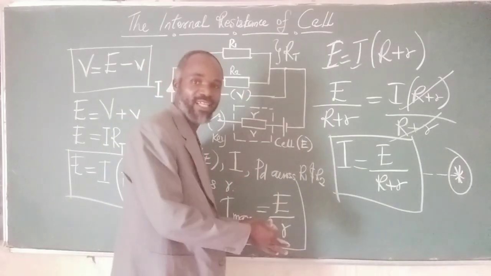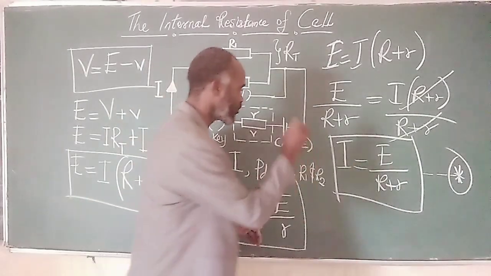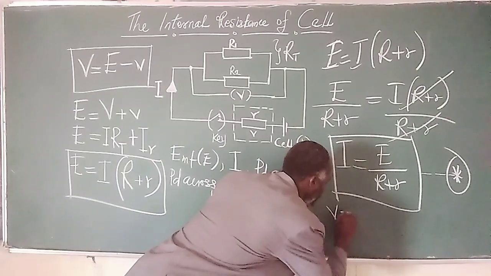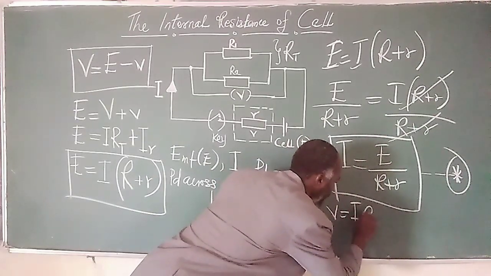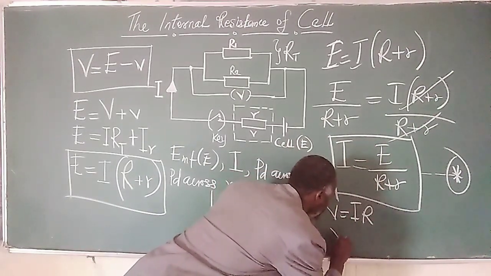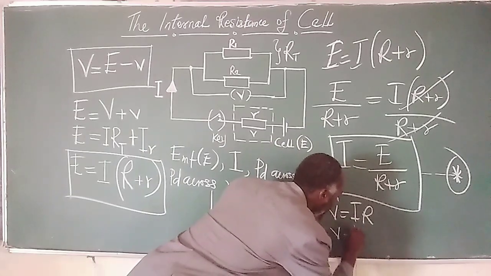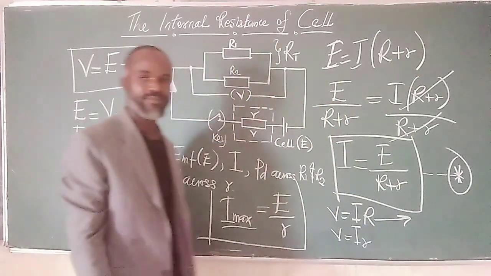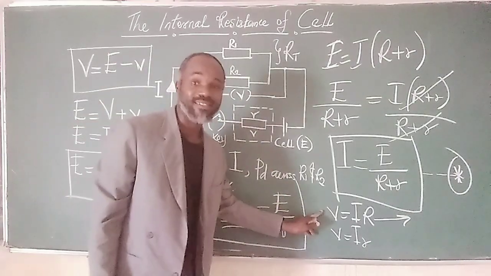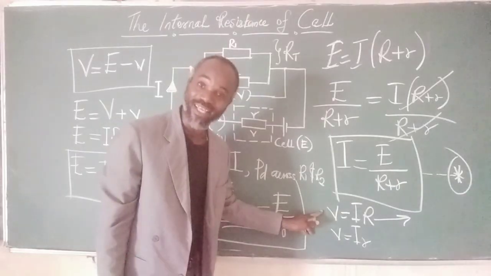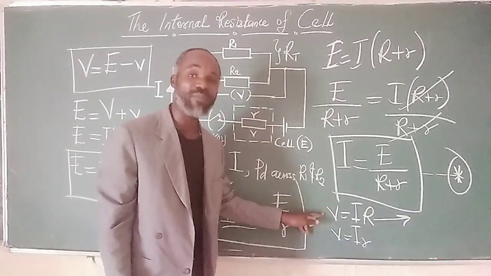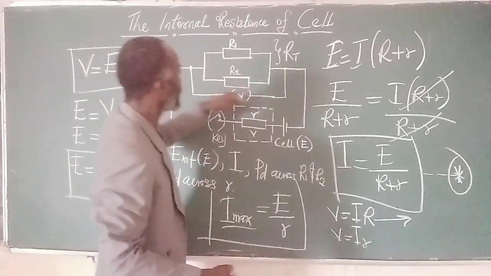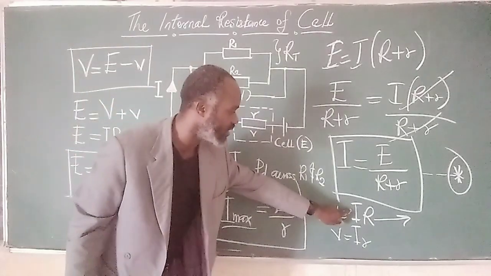The next thing now is to know that since we're talking about V is equal to IR, we're going to have small v is equal to Ir. What does this mean? It means the terminal potential difference across the external circuit. That's the meaning of this.